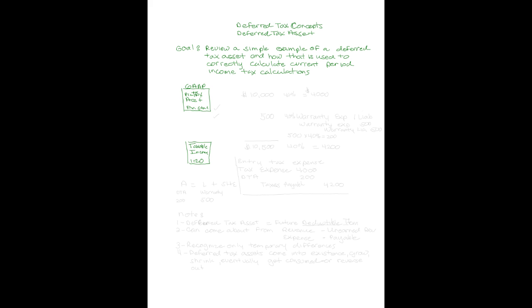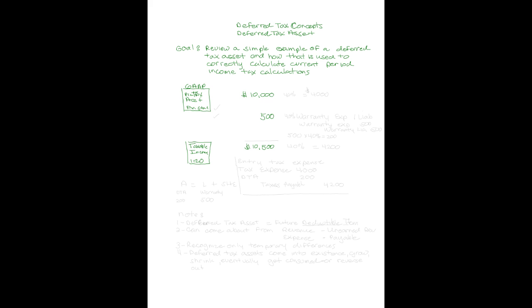In our example, let's say we still have $10,000 of pre-tax accounting income, but that our current taxable income is $10,500.